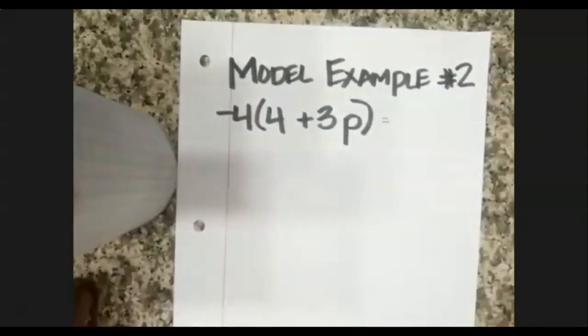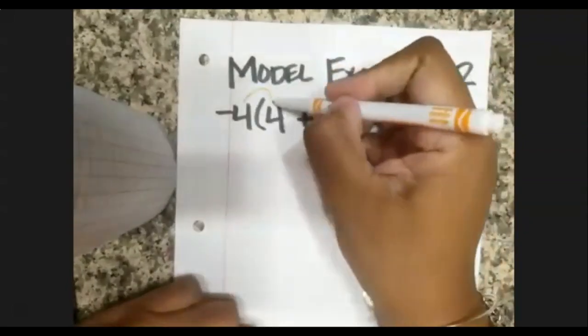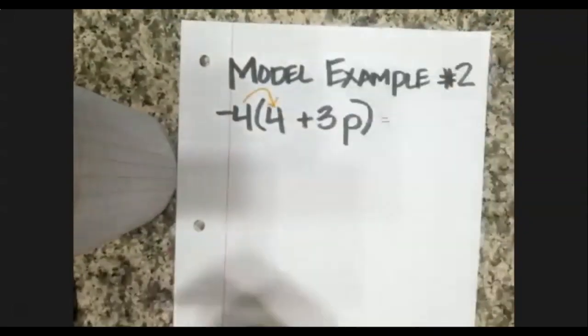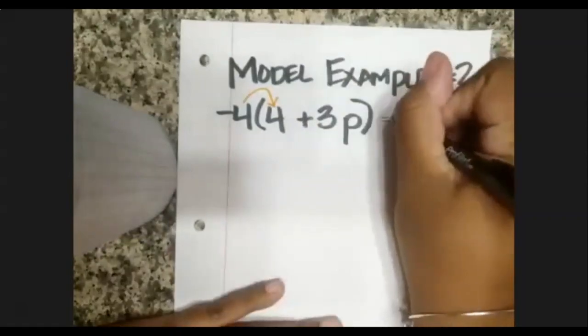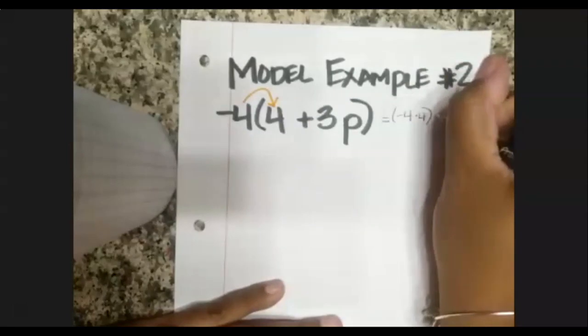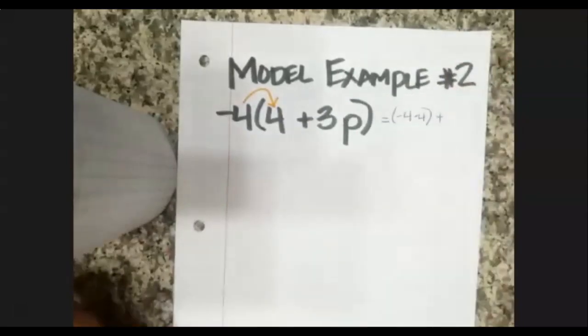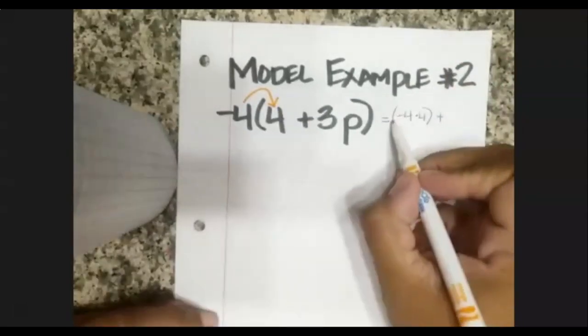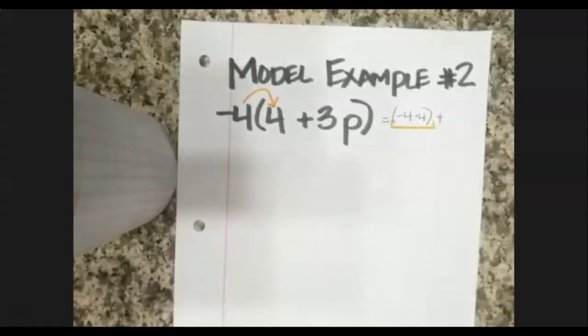So I'm going to start by multiplying my -4 times 4. Remember, when we distribute using multiplication. So I'm going to multiply -4 times 4. I'm going to use the operation that's inside my parentheses, which is addition. And then I'm going to multiply -4 times 3p.